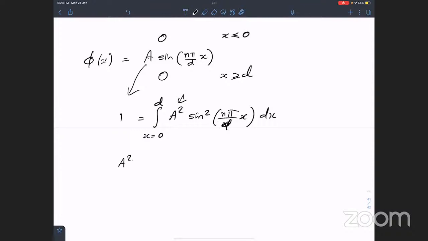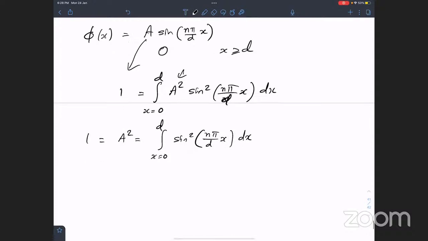So A squared times the integral from x equal to 0 to D of sine squared of n pi x by D dx equals 1.